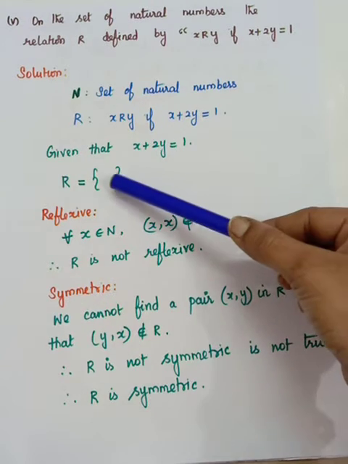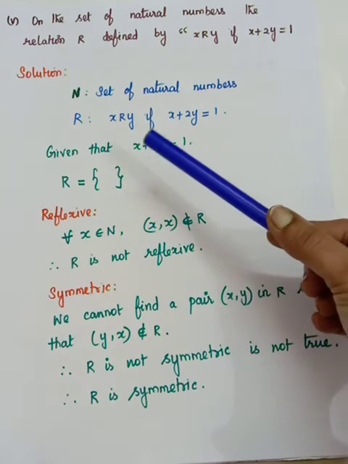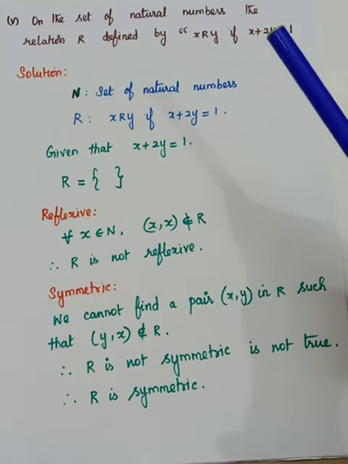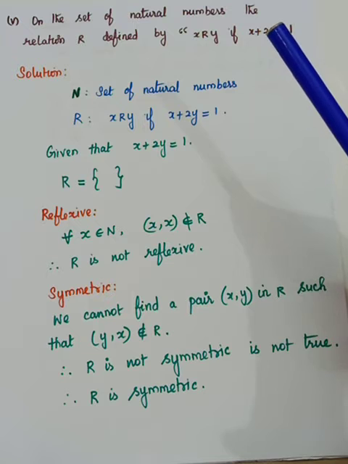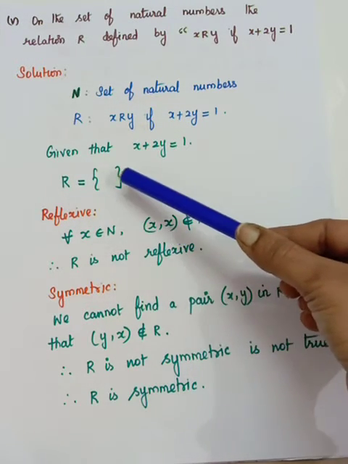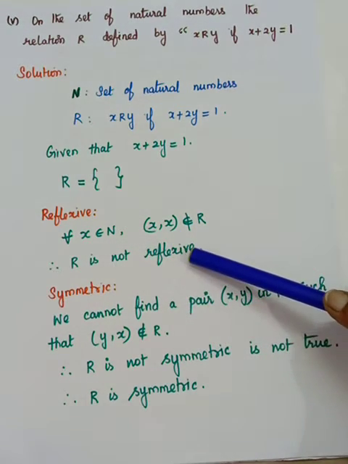Here the relation is an empty set, so we can't write 1 is related to 1, 2 is related to 2, or 3 is related to 3. That is, 1 comma 1 does not belong to R because it's an empty set. So we'll say R is not reflexive.